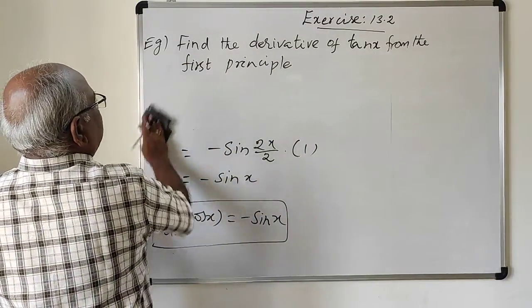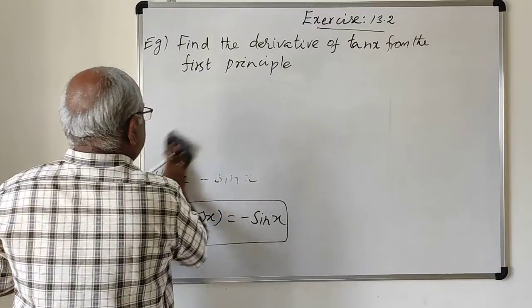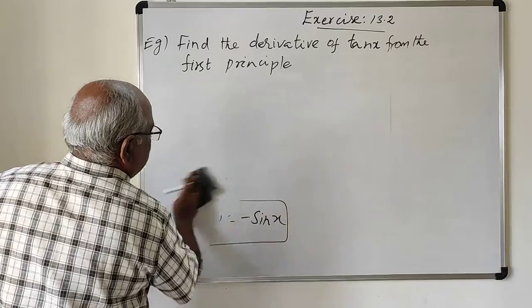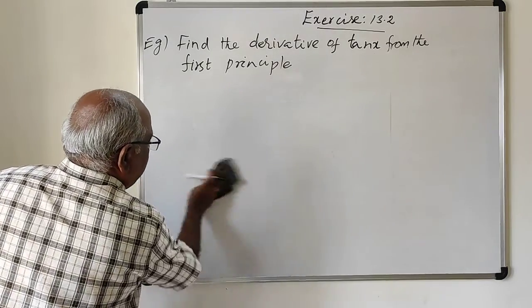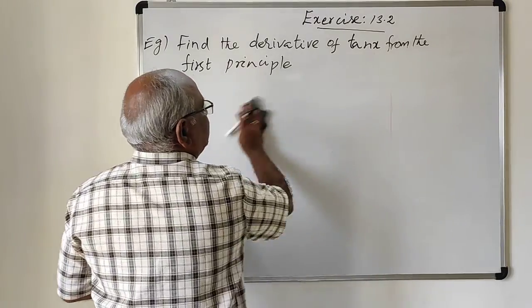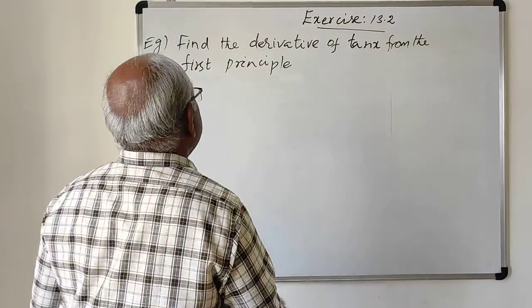You consider the given function f of x as tan x and apply the same first principle definition, and using that idea we are going to find out the derivative of tan x. That is our next problem.